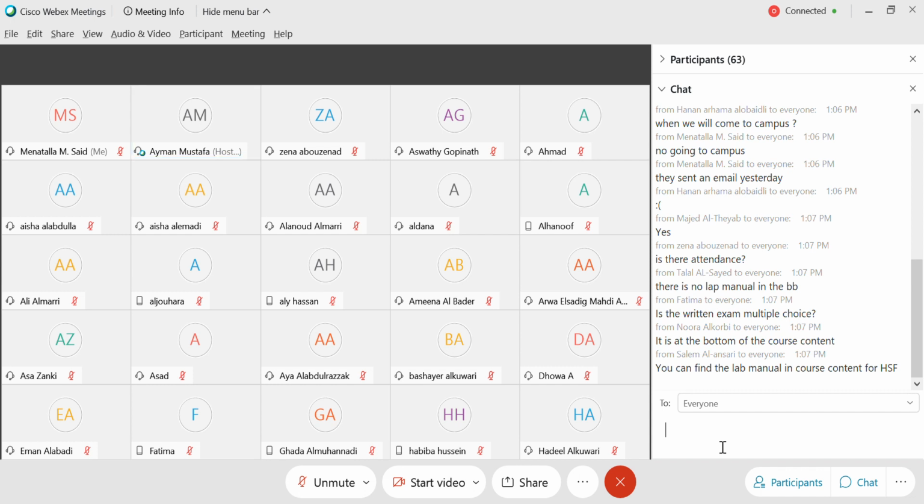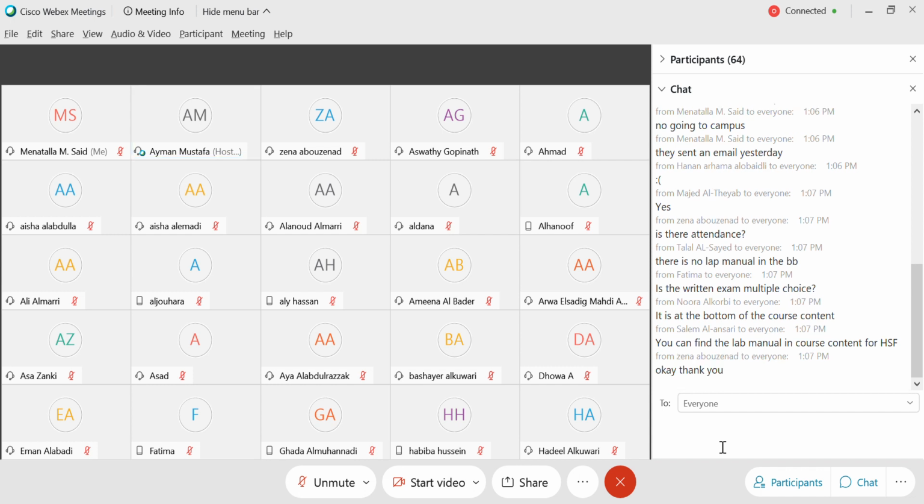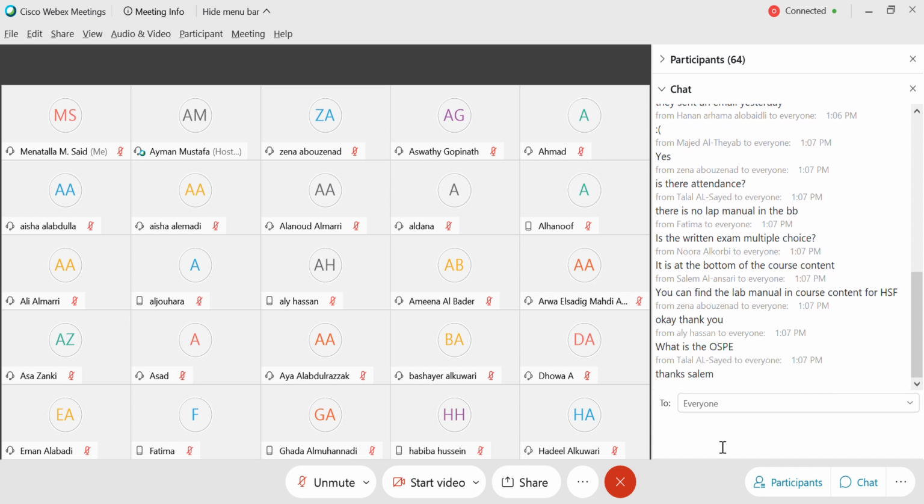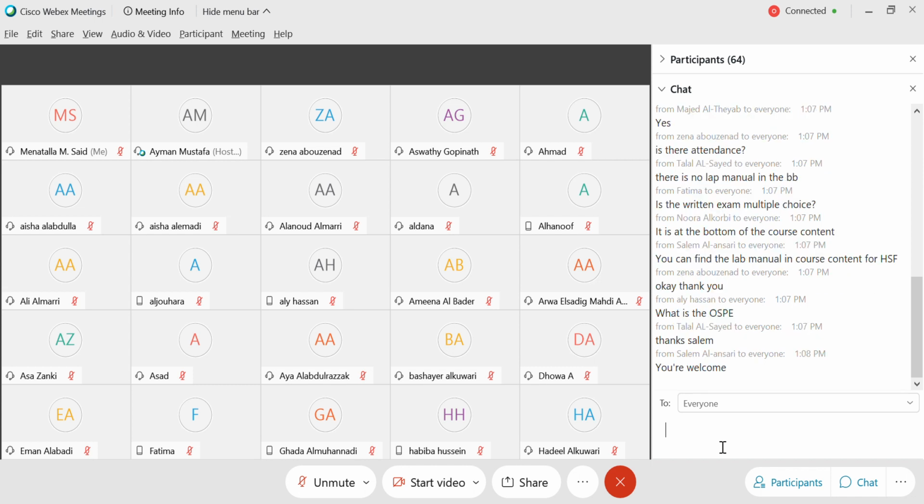All right, so let's start sharing. So it's another chance for you all to revise the anatomy we covered in the introduction.